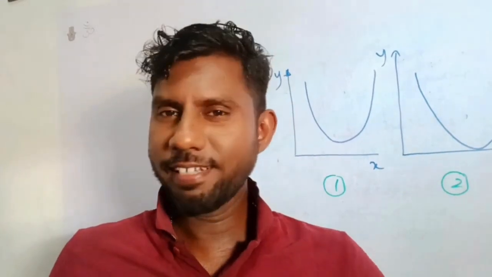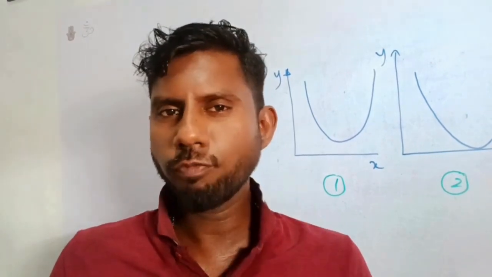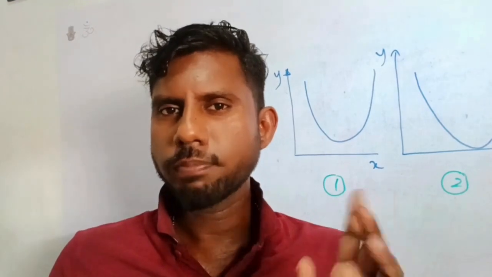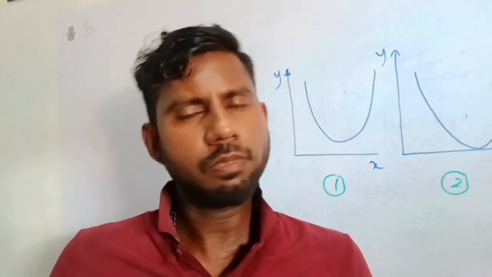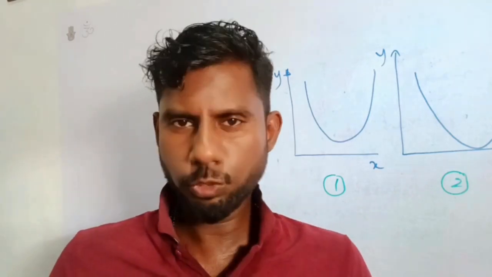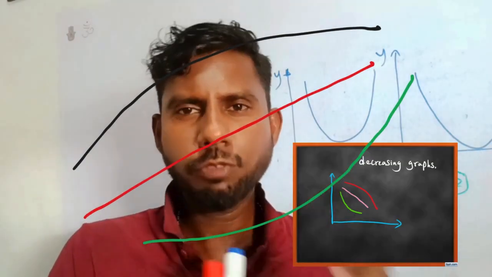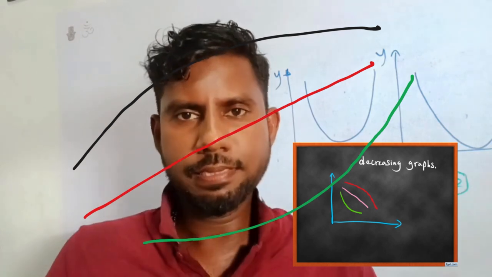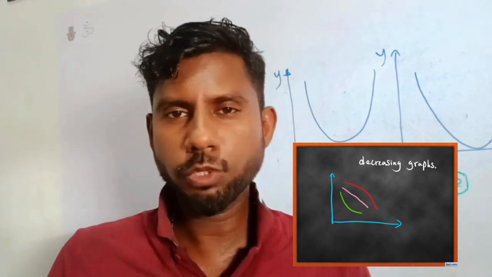Students, if you could find the right combination, the right theory behind these graph questions, you can easily do the questions. So just go through the small tips I gave you. If you are familiar with these type of methods, you can easily do the question, right? And also increasing graph, decreasing graph, just be familiar with these methods and find questions and practice them. You can easily do these questions, because we'll be getting a few questions in the MCQ paper.